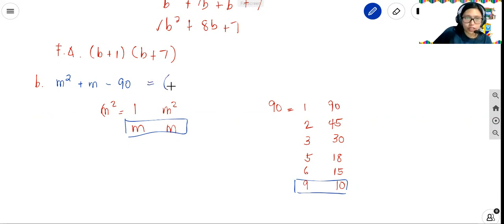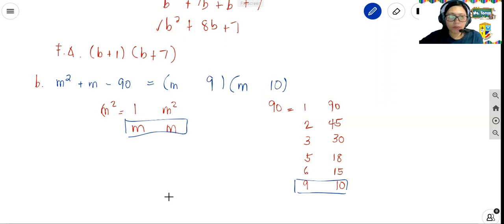I will put here m for the first term of the first factor, and m also for the first term of the second factor. And then I will put 9 here and then 10. Now, how about the sign? The sign here is positive, negative.